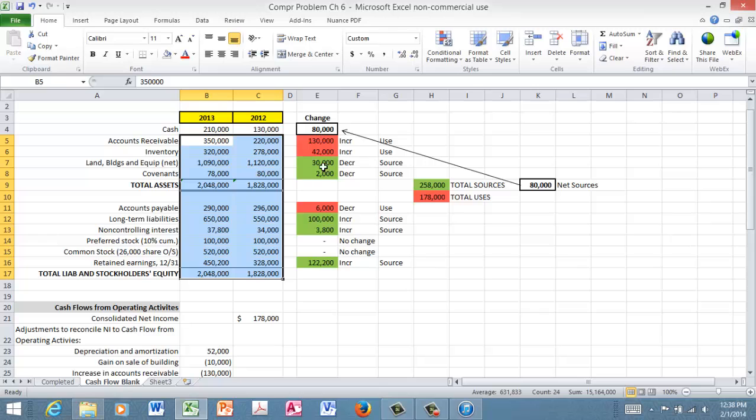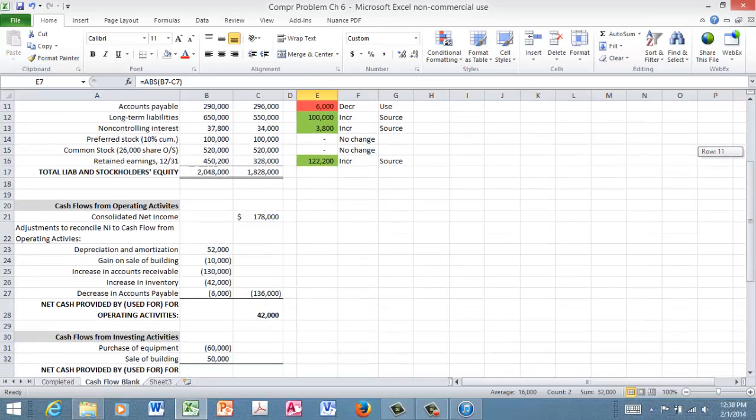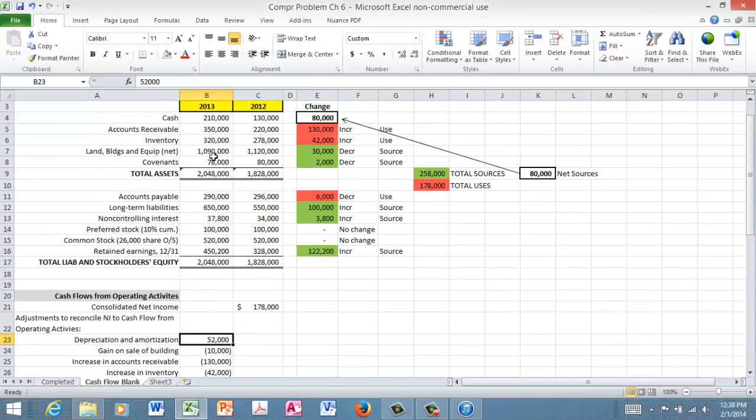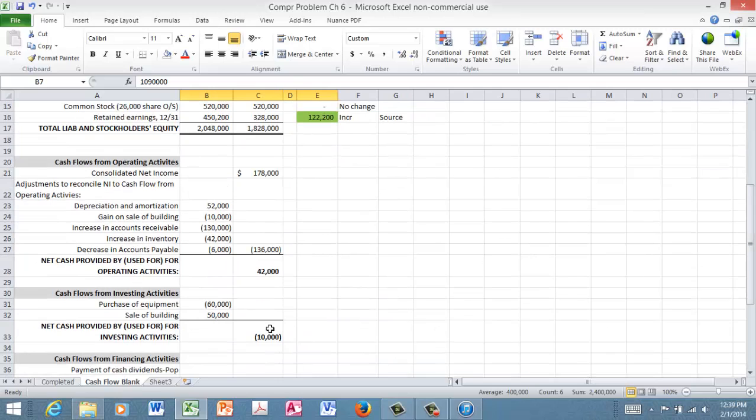Now, by looking at equipment, buildings, and if we throw the covenants in here also, the net difference is $32,000. Well, where does that come from? It comes from this $52,000 of depreciation, because again we're showing these on a net basis, see that? And it also comes from the sale of the building. Now that was the proceeds, and remember there was a gain on this.